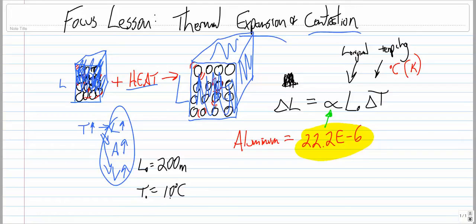And let's say it's going to heat up from 10 degrees Celsius to 30 degrees Celsius. So pretty good change right there. What I'm going to try and figure out then is, how much does that length change?